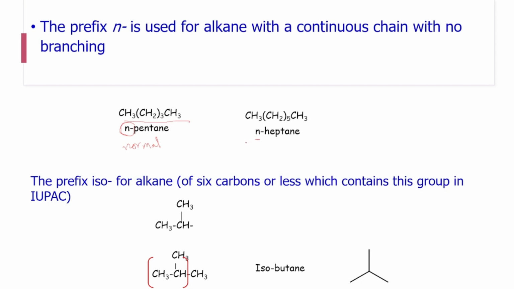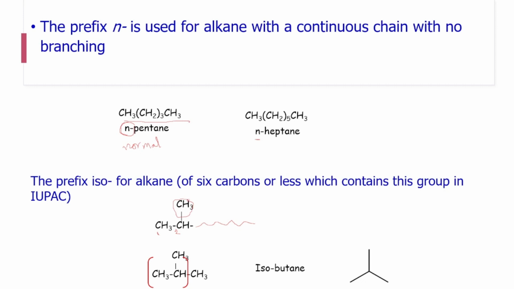So what if I have a methyl group or a branch at carbon number 2 of any alkane? For example, this is carbon number 1, this is carbon number 2, and here is the rest of the chain.